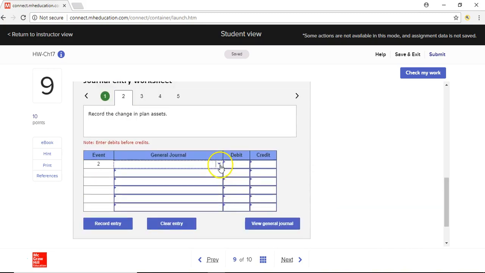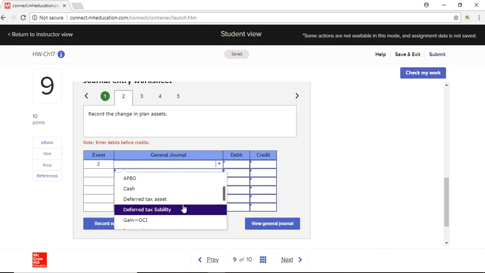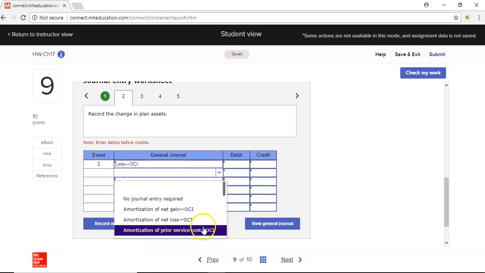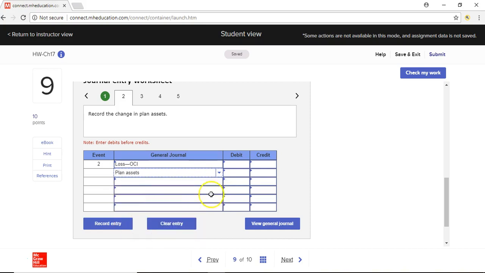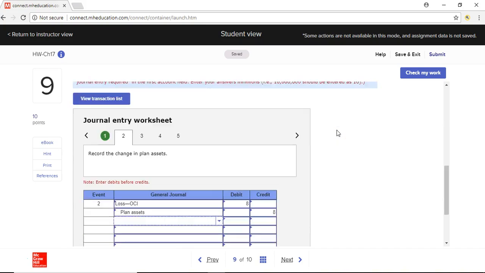Since it's a loss, we debit that loss into other comprehensive income and decrease plan assets on the credit side. Once again, 2% of the beginning balance, 400, so $8 million.